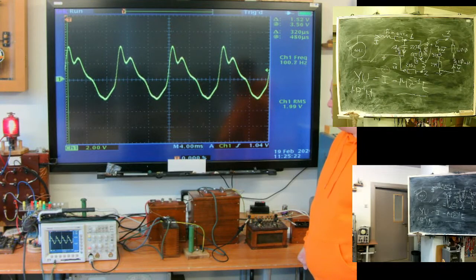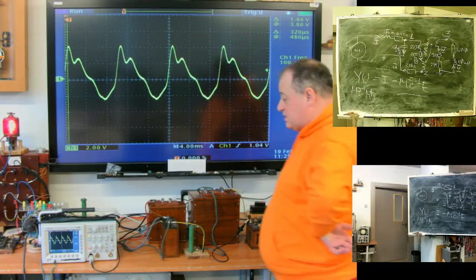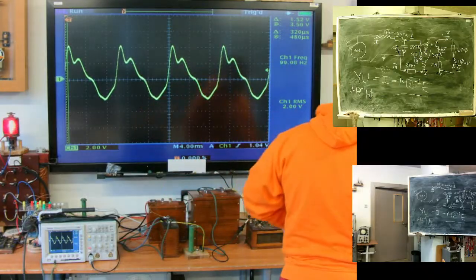I can try to get currents. One second, I will get current sensor.